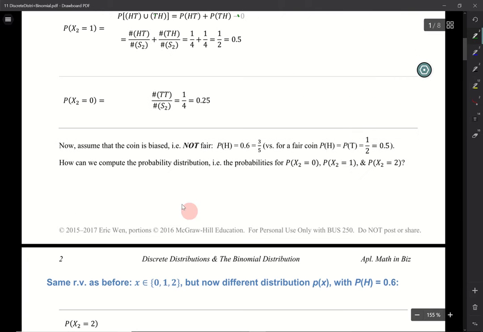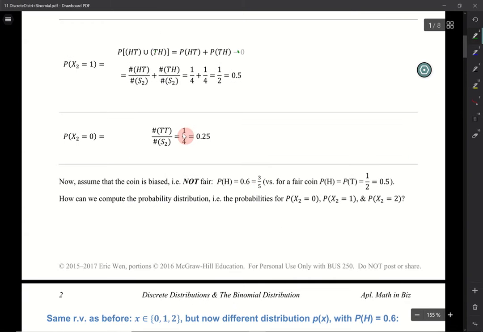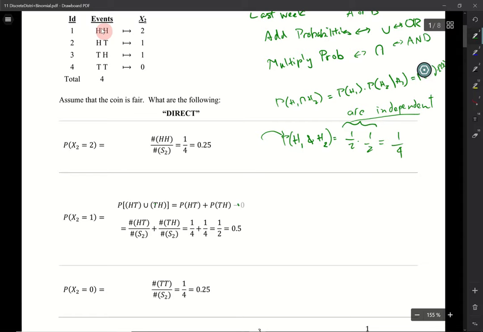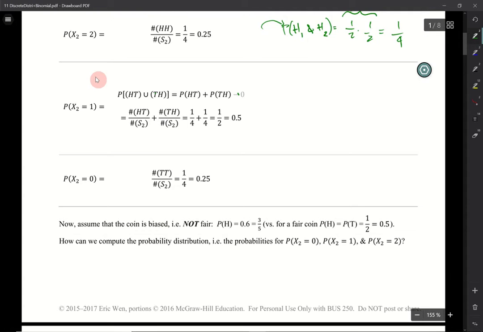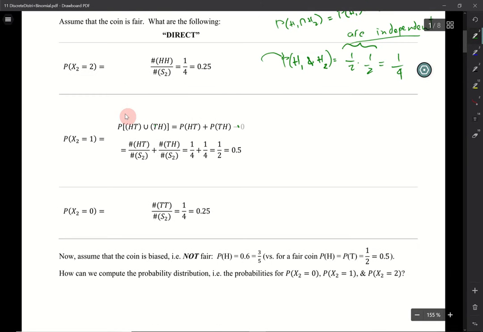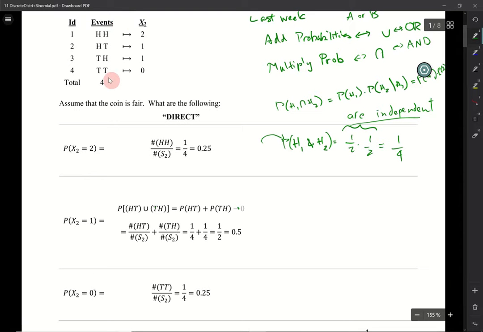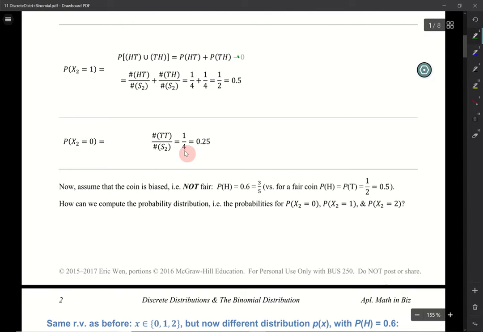Now what we would like to do is generalize this, because this whole idea about on time or delayed, default or not default, there's a manufacturing defect or there's no manufacturing defect, those binary cases happen often, but the probability of one or the other is not always a half.